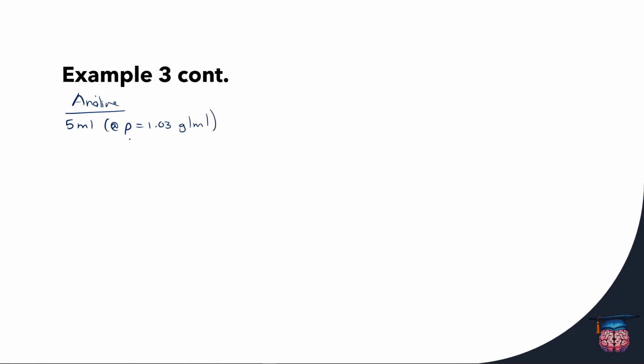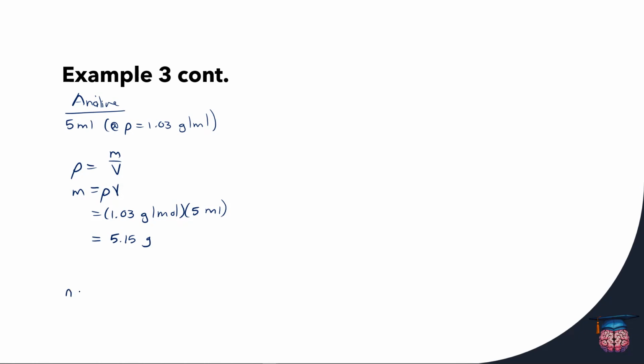And then we use this to calculate a mass. So density is mass divided by volume. Therefore, the mass is volume times density. And this gives us 1.03 grams per milliliter multiplied with 5 milliliters. And this gives us a mass of 5.15 grams.